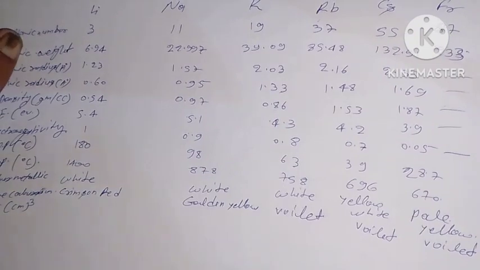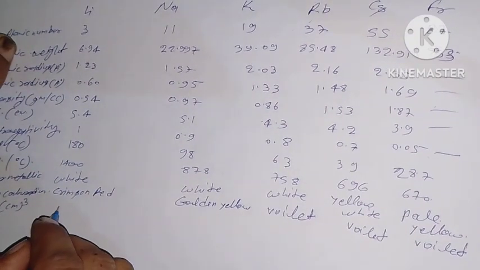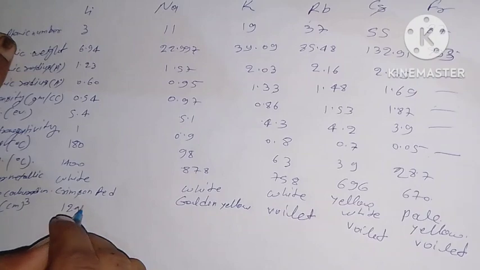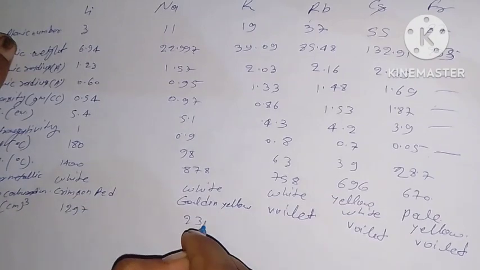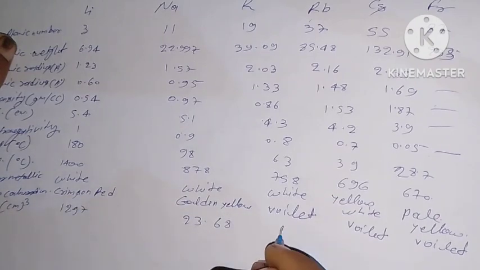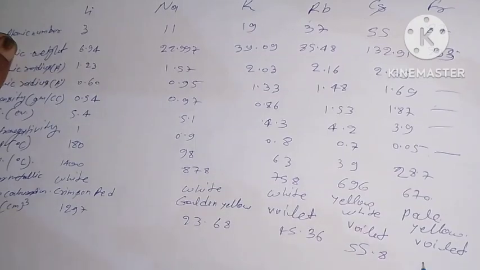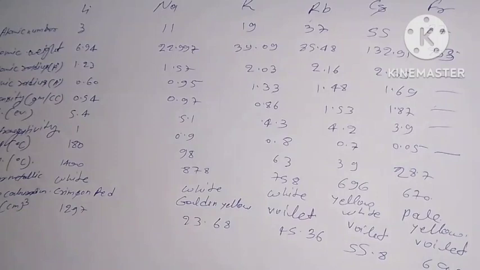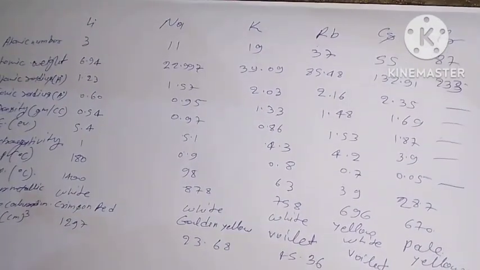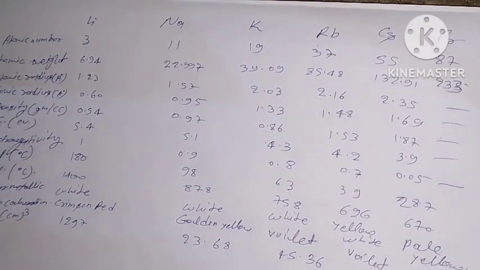Atomic volume: lithium 12.97, 23.68, 45.36, 55.8, and 69.19. This is the physical properties of alkali metals. Next is the chemical properties of alkali metals.